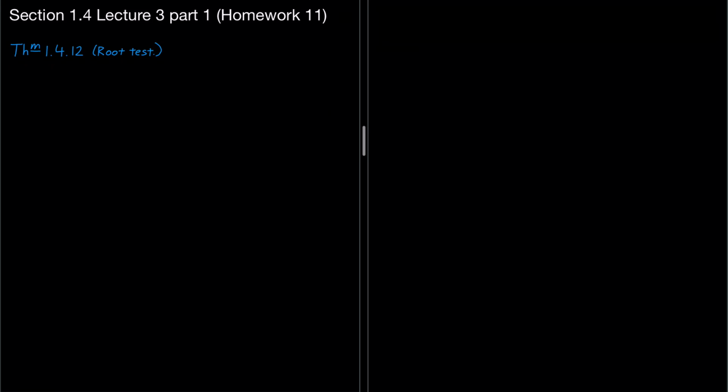So let's let a_n be a sequence of real numbers, and let's let R be the lim sup as n goes to infinity of, not a limit, a lim sup, which is good because remember the lim sup is guaranteed to exist.